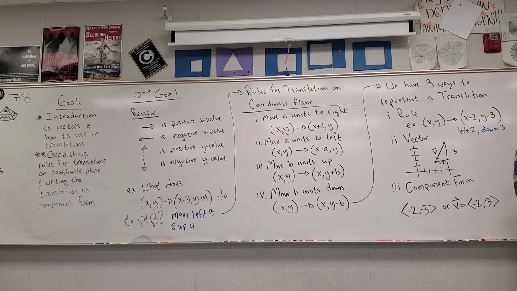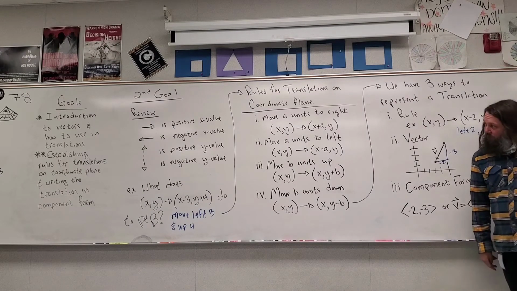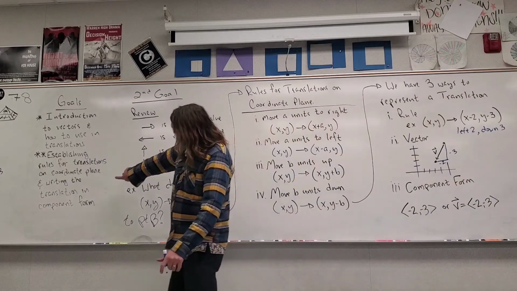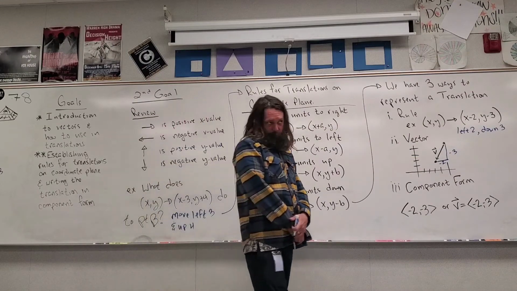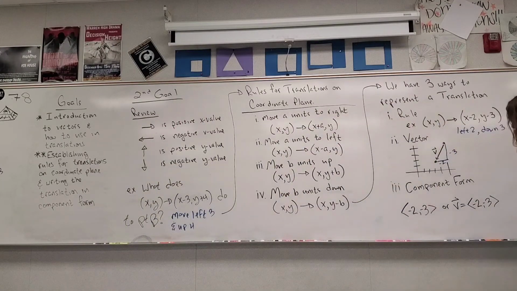Now, I can say this in a third way, and this is the second part of our goal, writing the translation in component form. When we use component form, we're going to use, I don't know what these are called, they're not parentheses, but we're going to use this form of parentheses. And when I see this, it tells me what I'm doing.